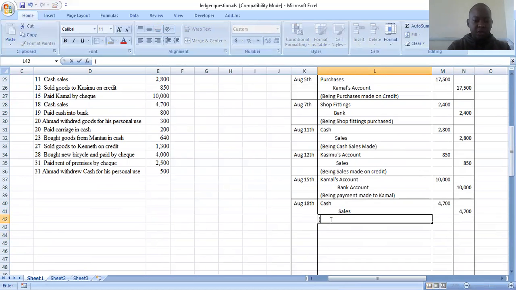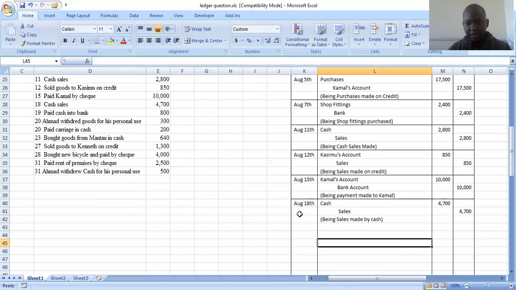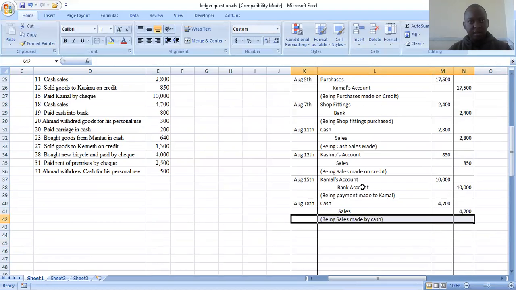The narration being sales made by cash. Then we close that transaction in the journal.